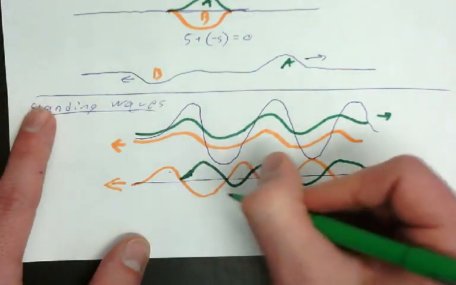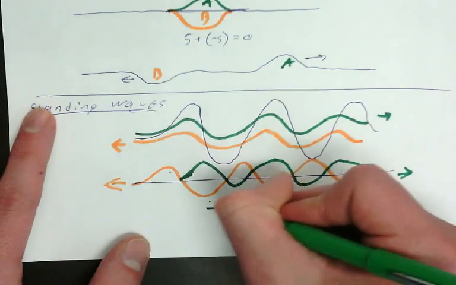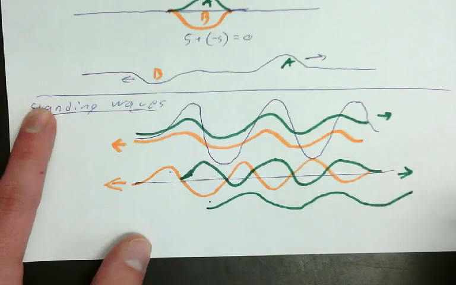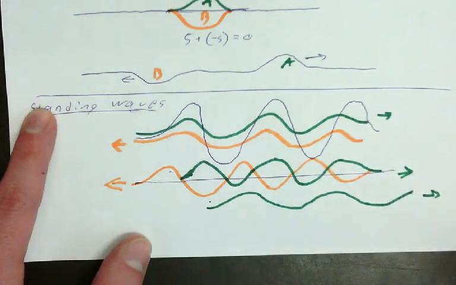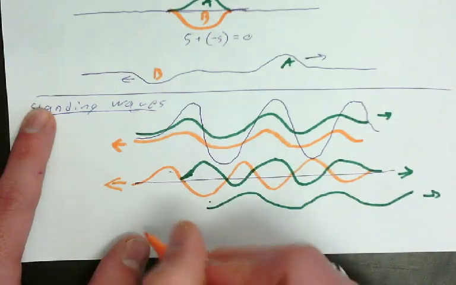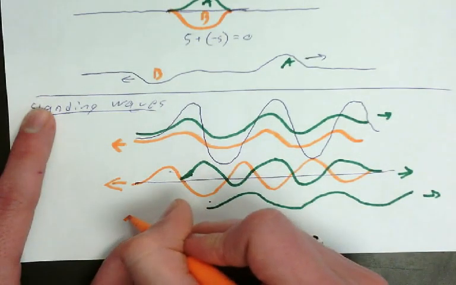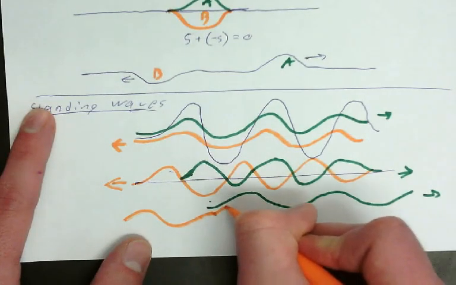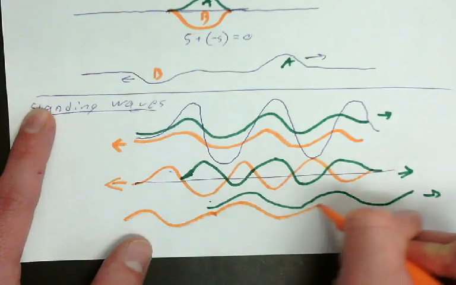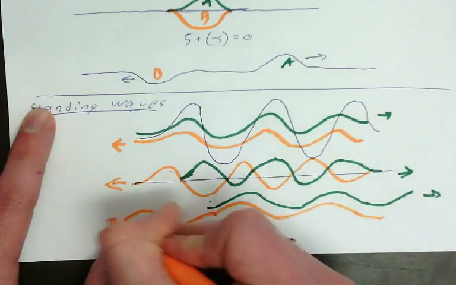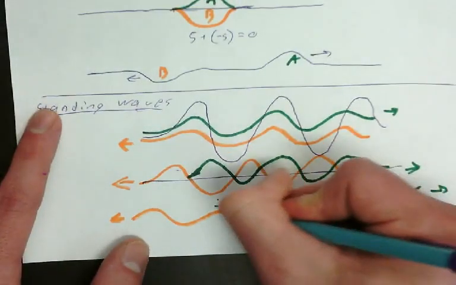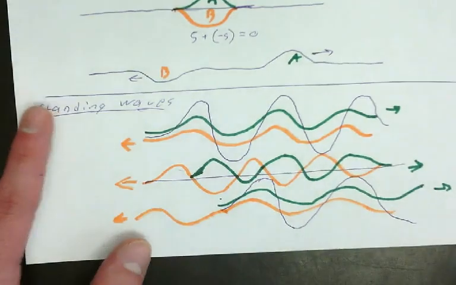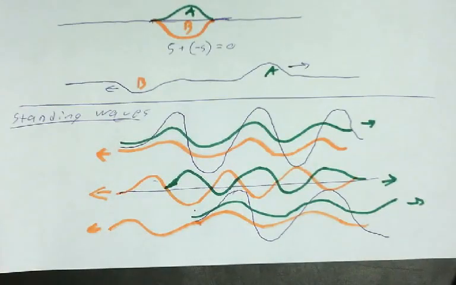If it goes a little further again, and the orange one goes a little further again, they're going to make a super wave again, but in the opposite direction. So that's why it looks like it flip-flops back and forth.